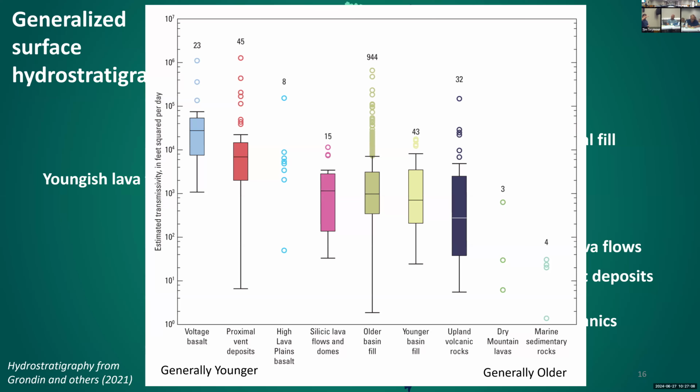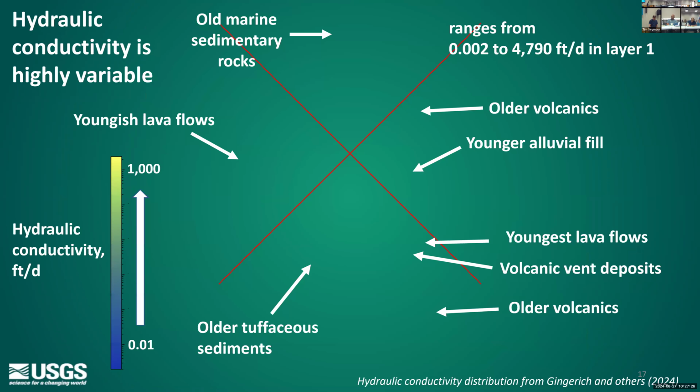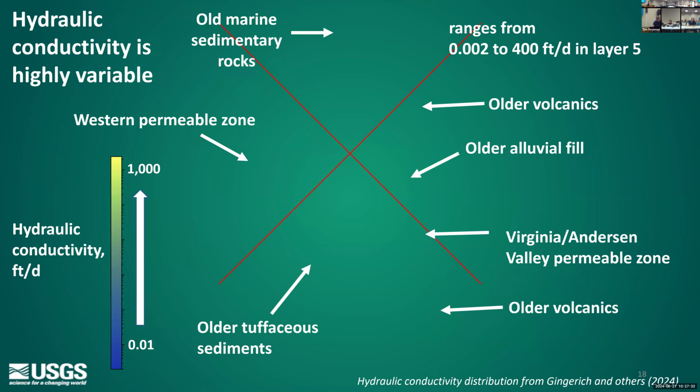So there's a huge range of permeabilities in the basin fill that we have to deal with in some cases. This gives us our starting point to fill in the hydrologic properties of all these geologic units in the model. So we plug all that in.